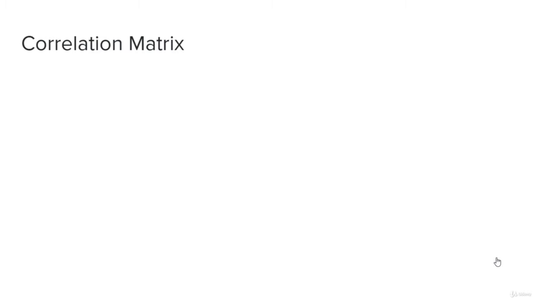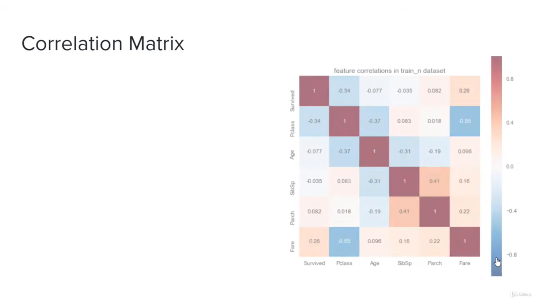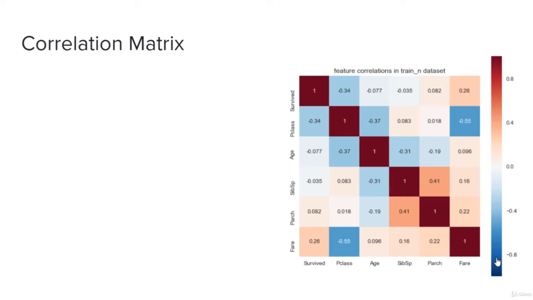The next one is the correlation matrix. Let's look at this figure, which represents a correlation matrix. As the name suggests, we are studying the correlation between two features. How much are they correlated? We will go into the statistical and mathematical depth of correlation, what it represents, and how we can use these values to extract more information about the data.